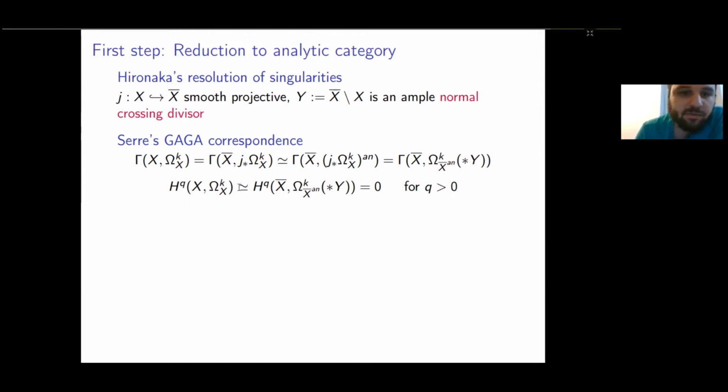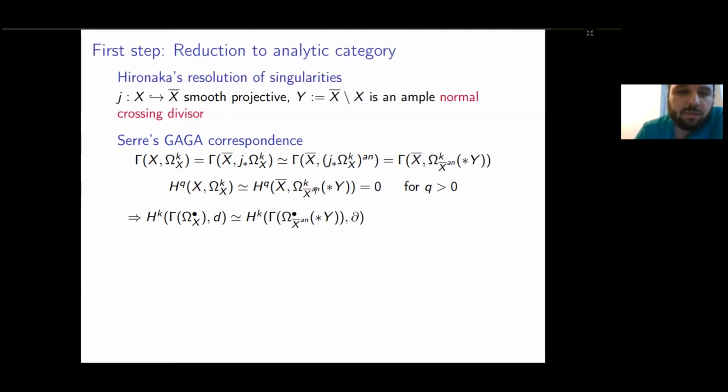So in consequence, this second equality implies that this complex of sheaves consists of acyclic sheaves.